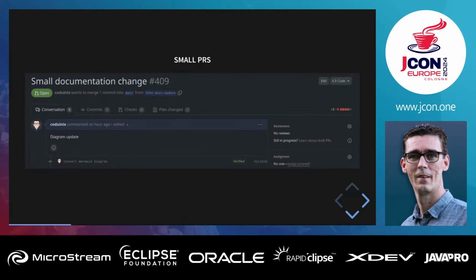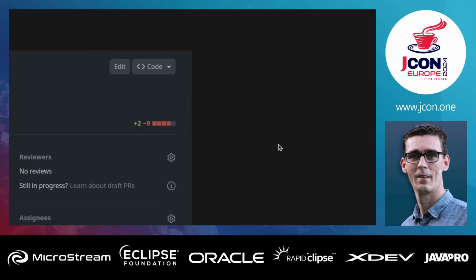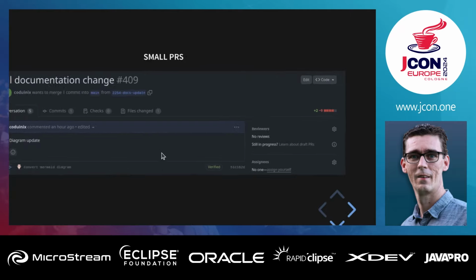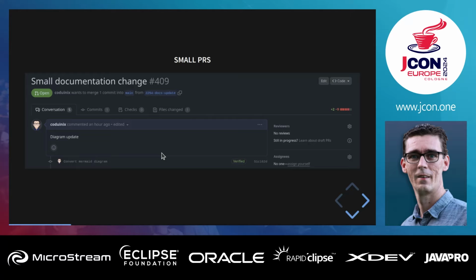So one thing is a small PR. Let's see, I'll need to zoom in a little bit. There's quite a delay. So it's a small pull request, like 2 lines added, 9 lines removed, and it's a documentation change.